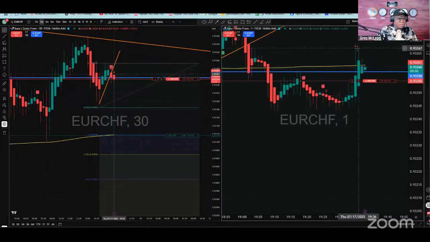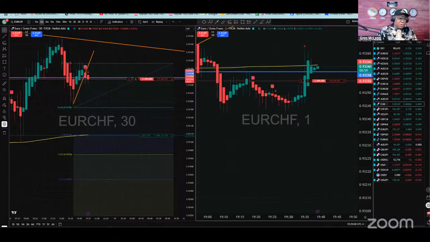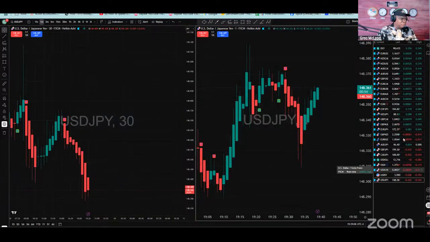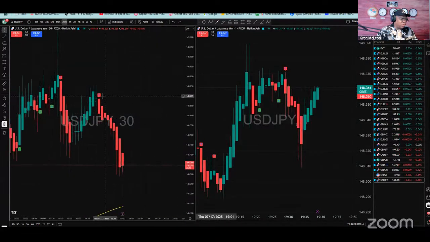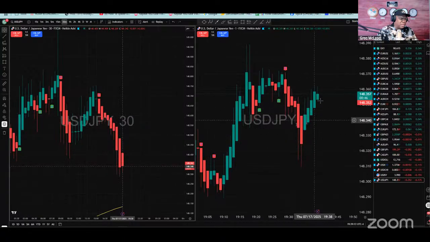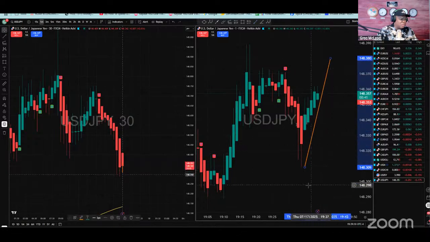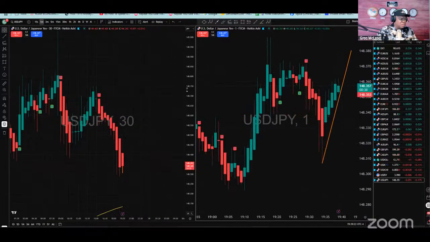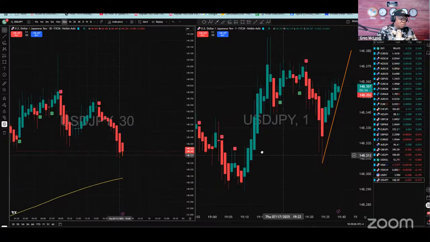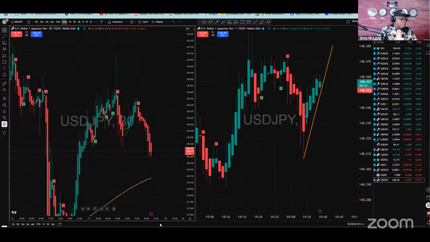So we had Japan's core inflation cools in June as expected, easing from a 29-month high. Let's take a look at dollar yen because we just got Japanese news that came out. Our 30 chart has a downward arrow, and we're seeing a retrace. The 30-minute time frame is pointing downward.